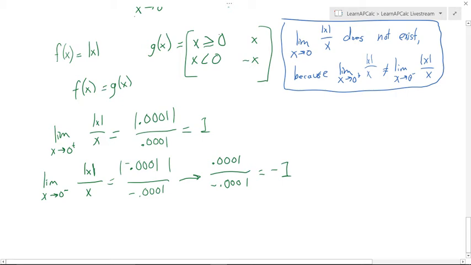If they just said to evaluate the limit, you can just write out does not exist. But a lot of times you might be asked, explain why this limit does not exist, or explain why it's not continuous. So that's a keyword, explain. So you should definitely know how to do that.